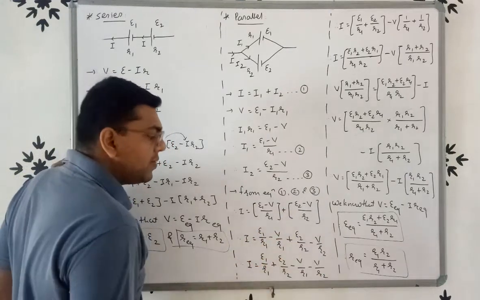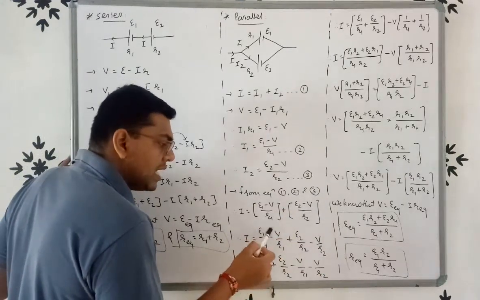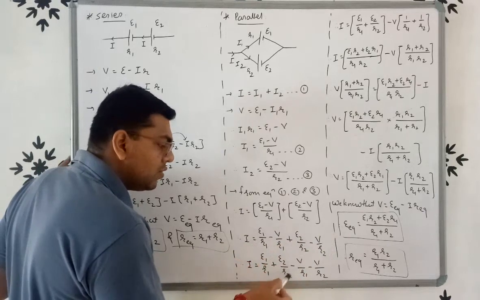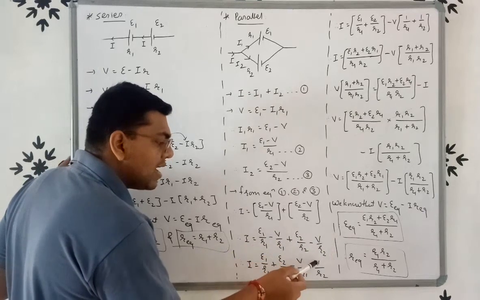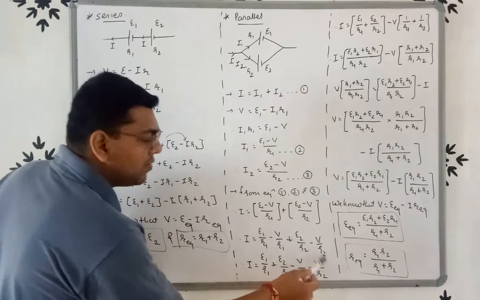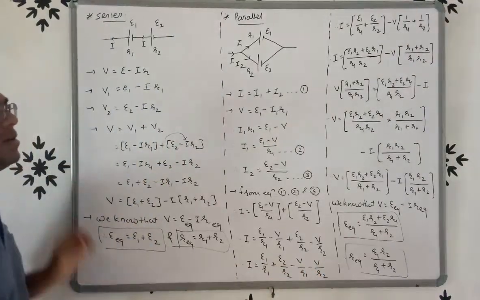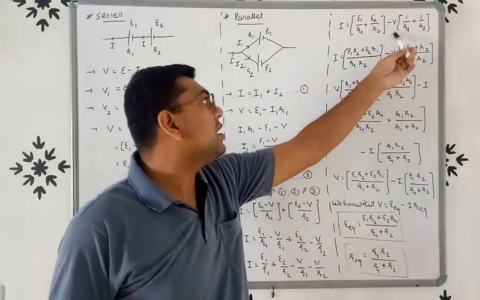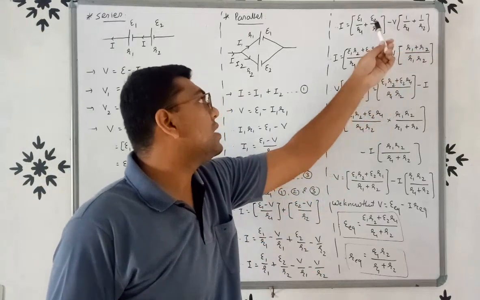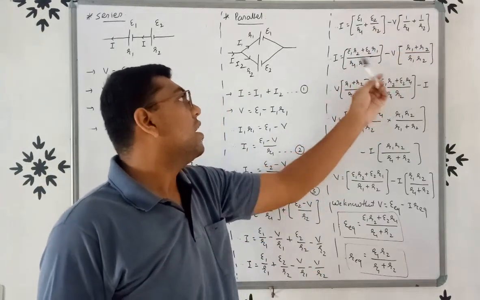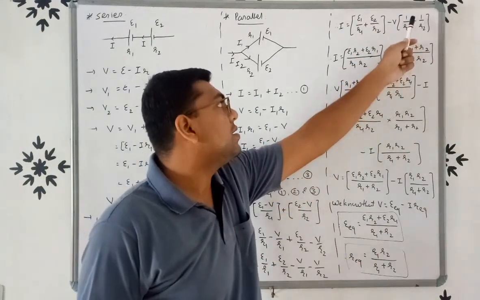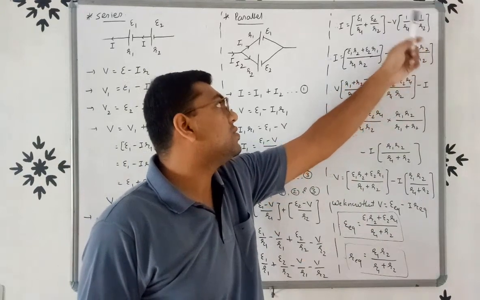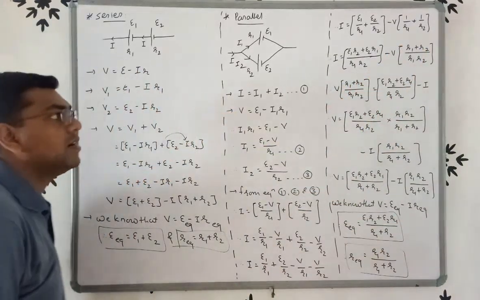Then we arrange the equation, first EMF: E1 by R1 plus E2 by R2 minus V by R1 minus V by R2. Here we can take minus V common. Then R1 R2 LCM, so E1 R2 plus E2 R1 upon R1 R2. Again R1 R2 LCM, so R1 plus R2 upon R1 R2.